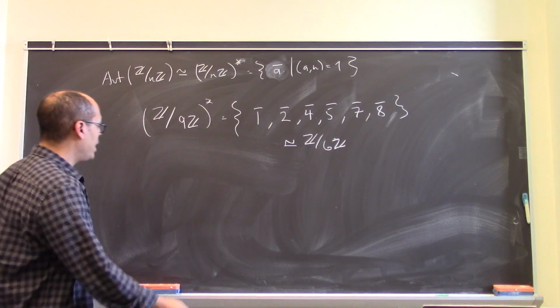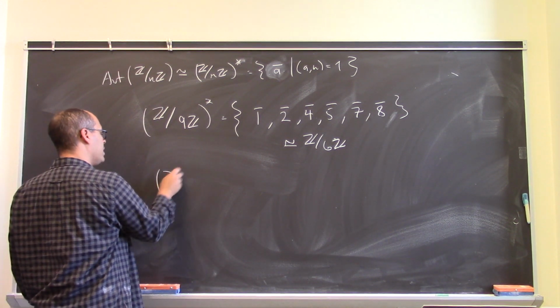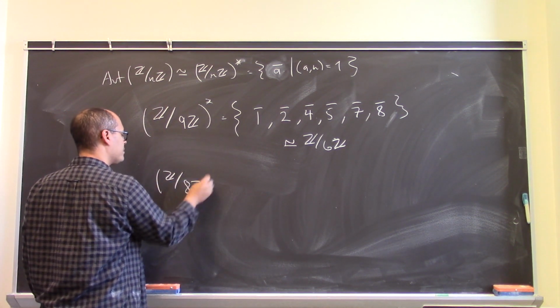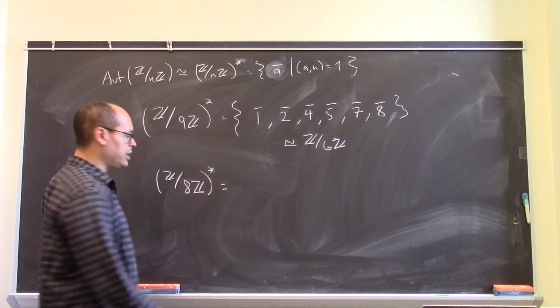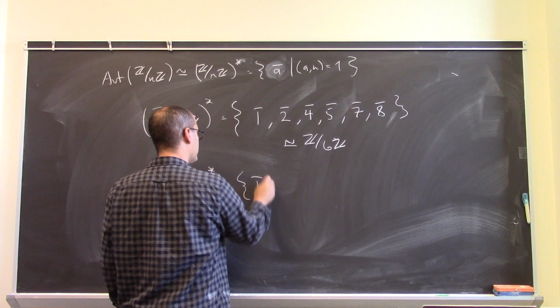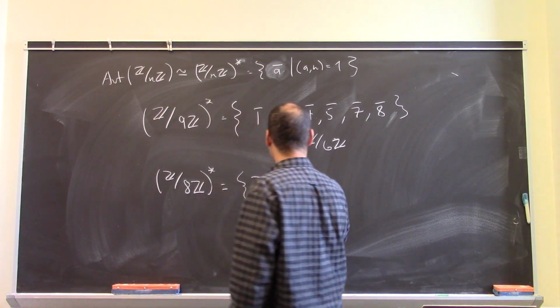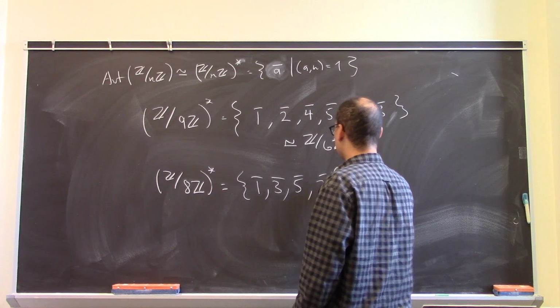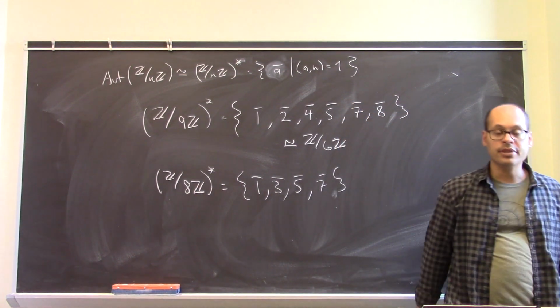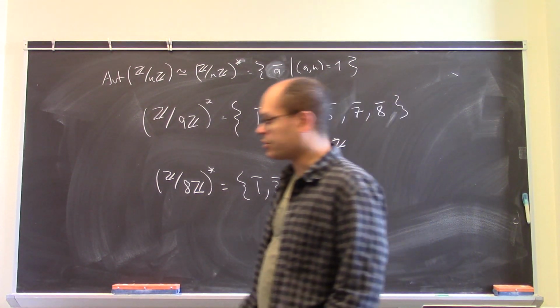Okay. Let's take a look at Z mod 8Z. Class of 1, class of 3, these are just the odd numbers, class of 5, class of 7, that's it. This is a group with 4 elements. It's an abelian group.